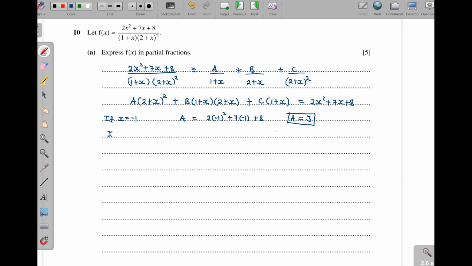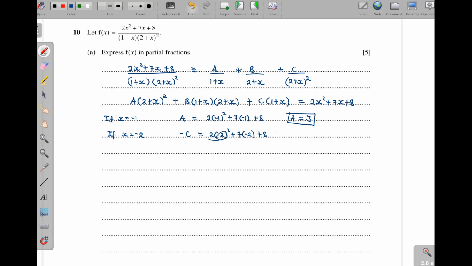Then also, if x is equal to, you just get this and equate it to 0, x can be equal to -2, not so? That means this one will disappear, this one will disappear, I remain with this, not so? Now -2 plus a 1, you get a -1. That means we shall get -1, then times the c, which is a -c, then is equal to, you get the 2 times the -2 squared here, then plus 7 times -2, then plus the 8.